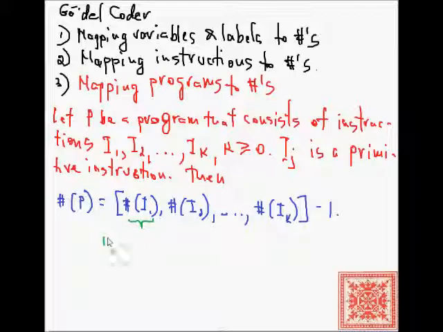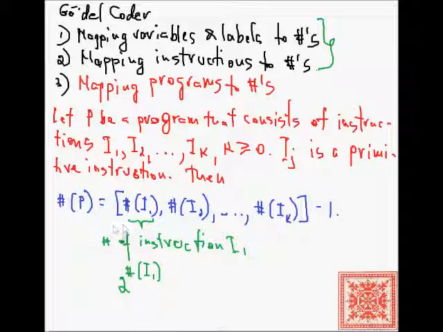So this is the exponent of the first prime. It's the number of instruction I1, and that's a Gödel number. And how do we compute those numbers? By mapping variables and labels and by mapping instructions. The first prime, which is 2, will be raised to that power.